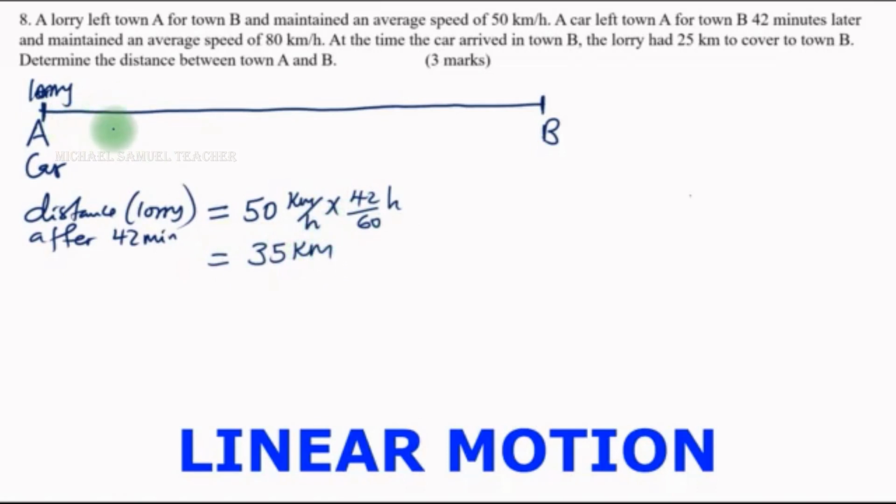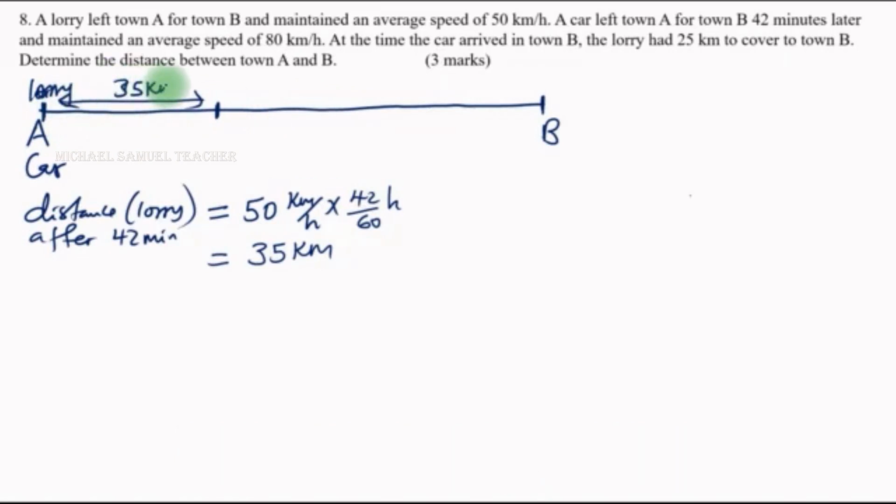So after 35 kilometers somewhere, say that was 35 kilometers, after 42 minutes, that's when the car left town A for town B.